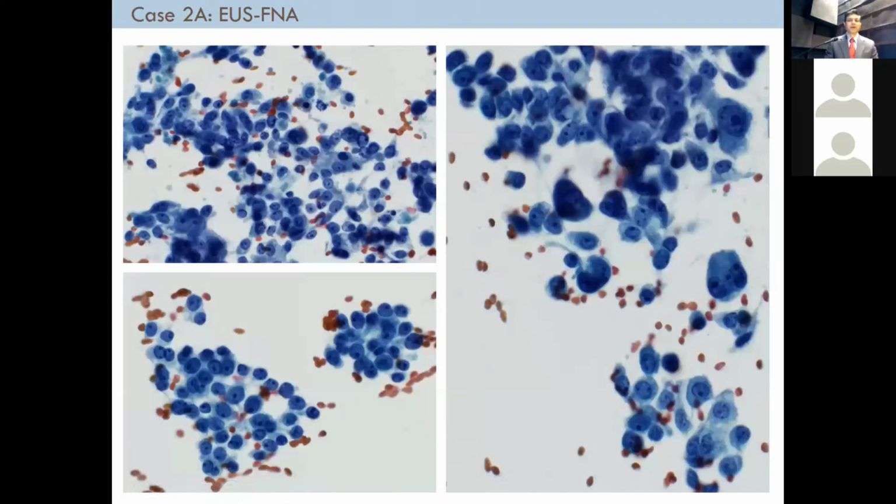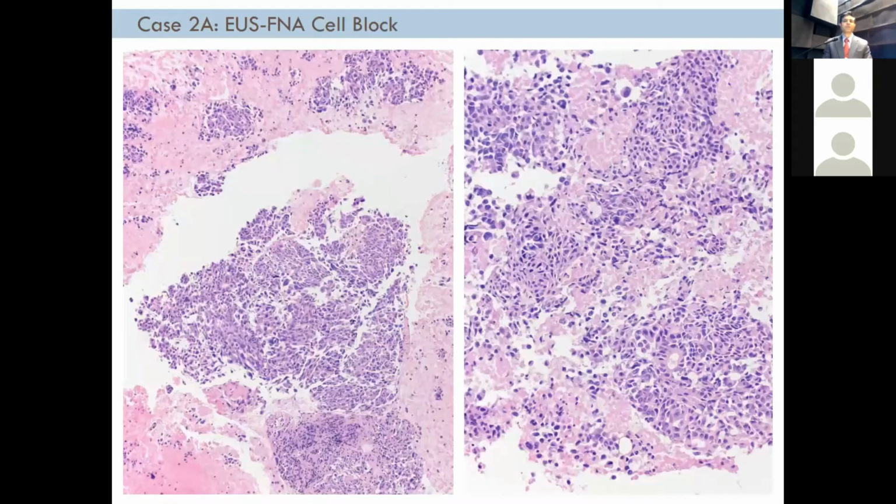This is the PAP stain that highlights the nuclear features, which were characterized by very prominent nucleoli. And if you look at the chromatin, it is granular and has a neuroendocrine-like appearance. The cell block showed fragments of a predominantly solid high-grade neoplasm with occasional glandular elements, as you can see over here and here.